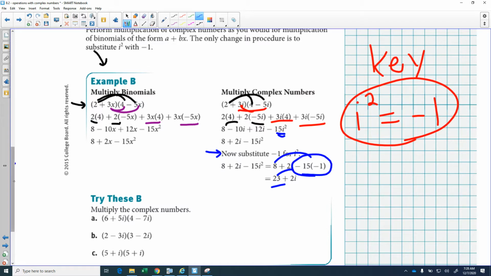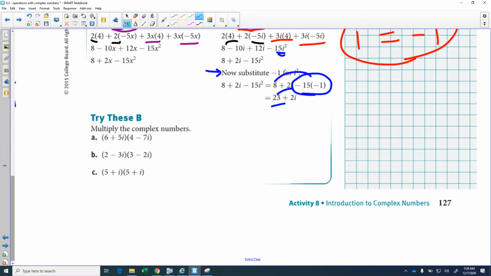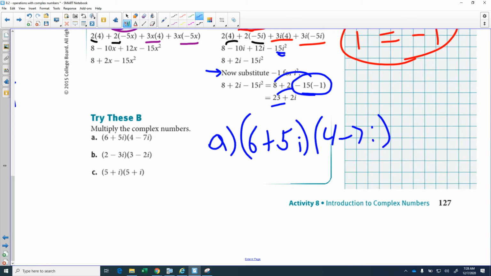So let's go ahead and talk about how to go through them. Let's do one fresh. If we look at letter A here, we have 6 plus 5i being multiplied by 4 minus 7i. To do this problem, we're going to consider FOILing. 6 times 4, 6 times 7i. Basically, we have to multiply the 6 to both those values. 6 times 4 is 24. 6 times -7i is negative, 6 times 7 is 42, and the i carries down.